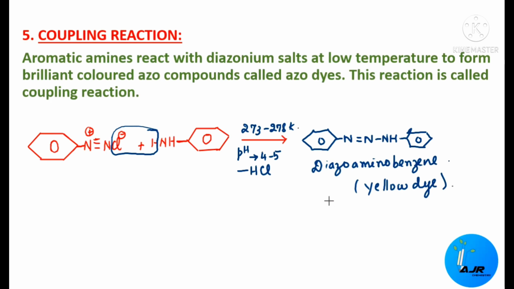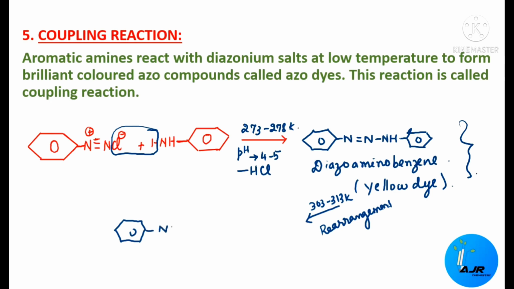See, when you are heating this to 303 to 313 Kelvin, this compound undergoes a rearrangement, and we will be getting another compound with a different structure, N double bond N. See here, as I told you, rearrangement takes place.